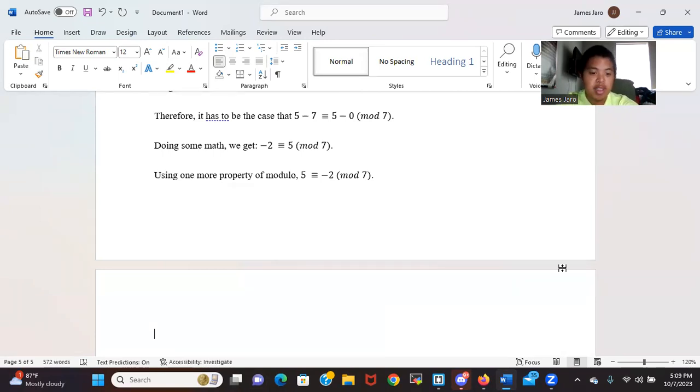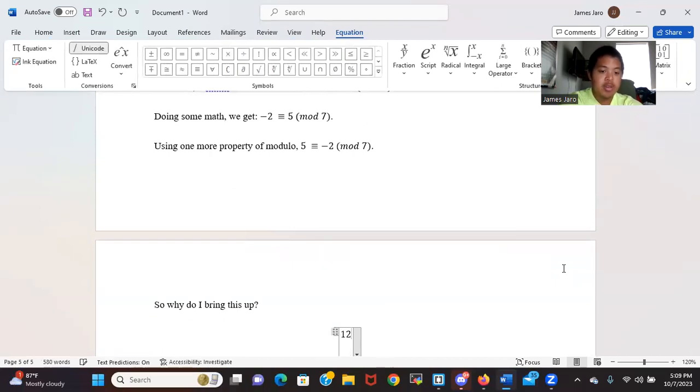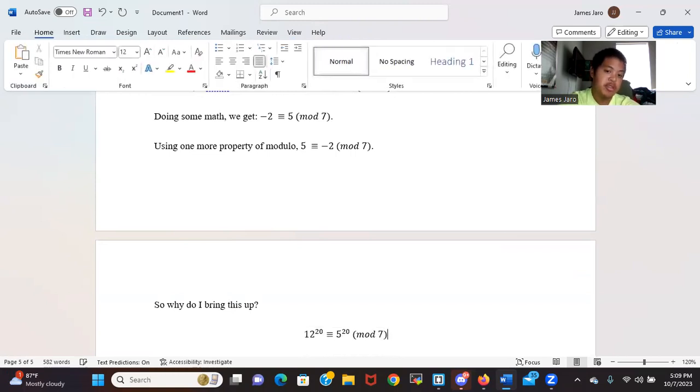So why do I bring this up? Well, I know that 12 to the 20th is congruent to 5 to the 20th mod 7. That was what we proved earlier.